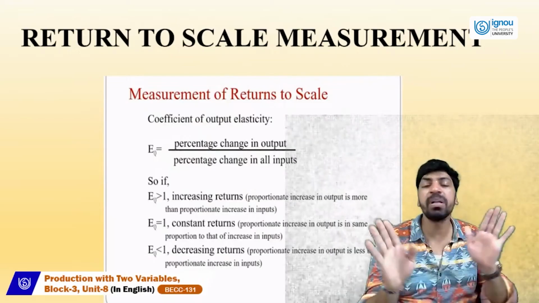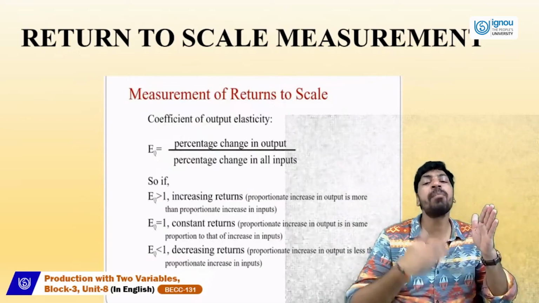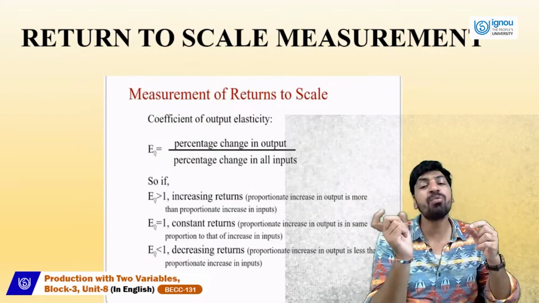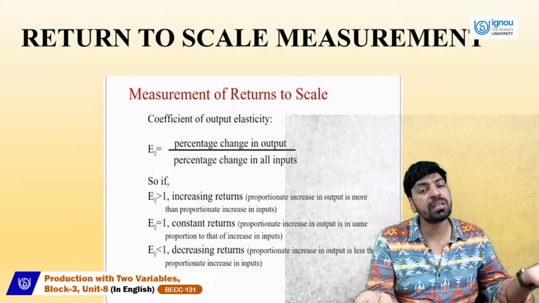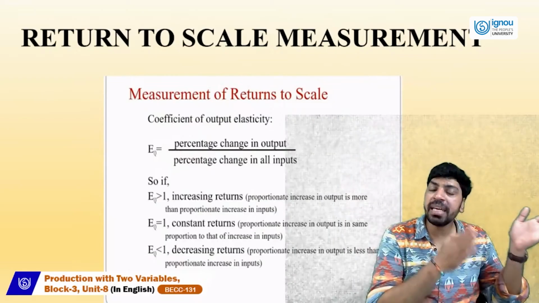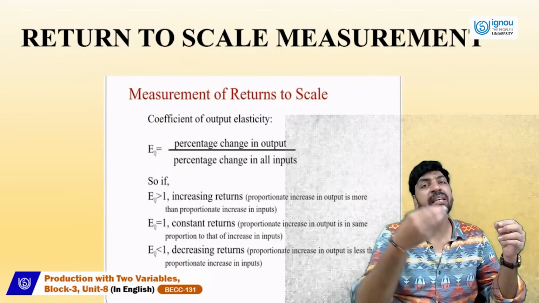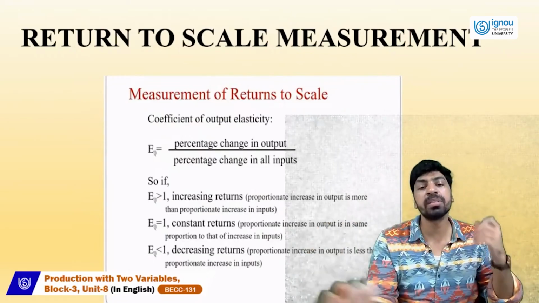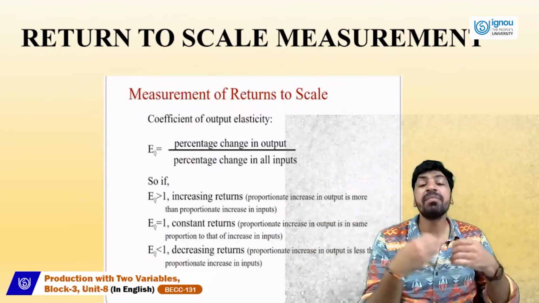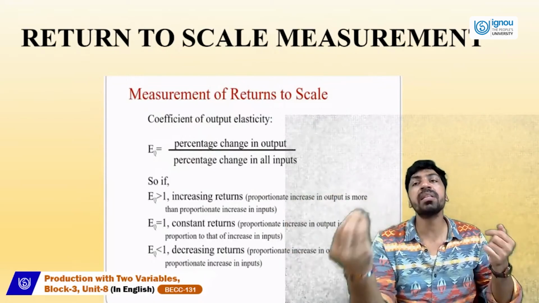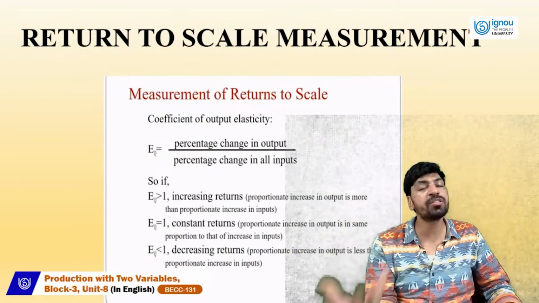In very simple words, if you want to elaborate, instead of writing the word change, you can write increase in output or decrease in output. If the increase in output is more than the increase in inputs, it is called increasing returns. If the increase in output is the same as the increase in inputs, it is constant returns.